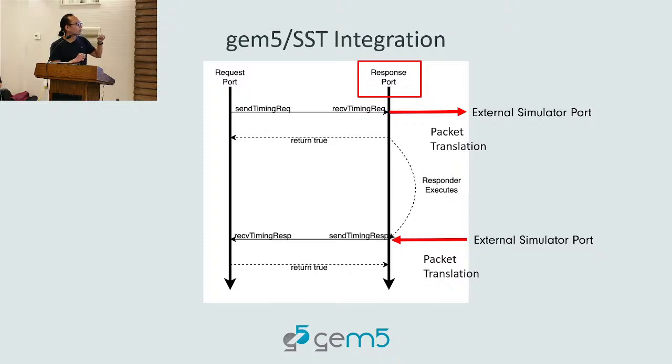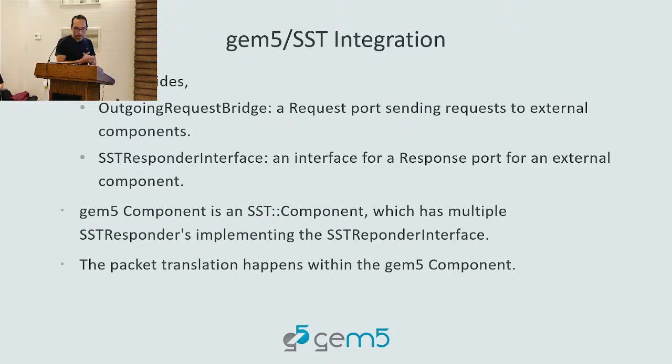So when the response port receives the request, it should do the translation before it sends it to the external simulator. And when it receives a response, it should do the packet translation.